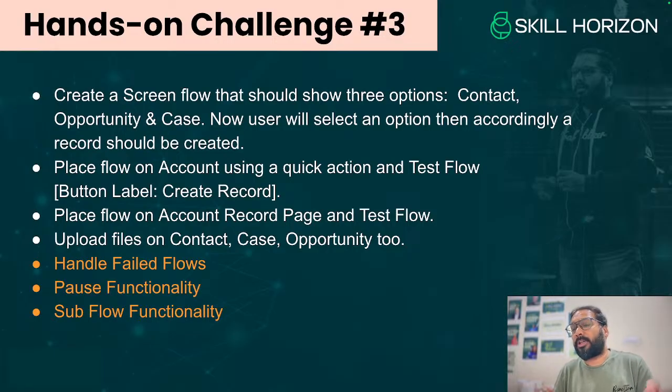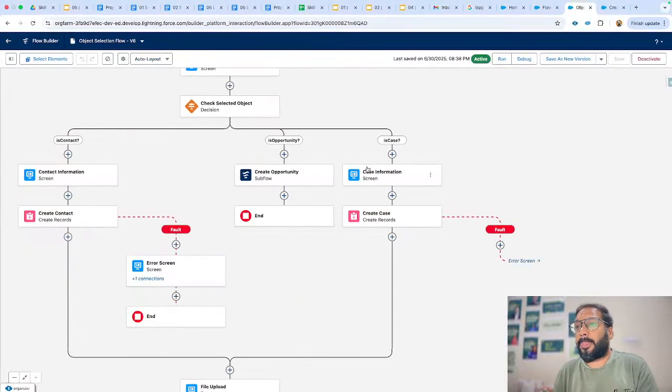Both the flows we reused in this hands-on challenge. Okay, so if you want to follow this 100 days hands-on challenge series, you need to watch each and every session, because I will try to relate each and every session with one another, so that you will be able to understand more clearly how things can be modified.